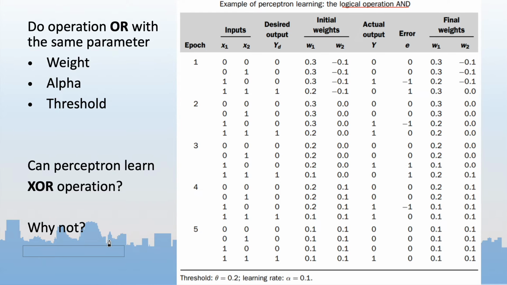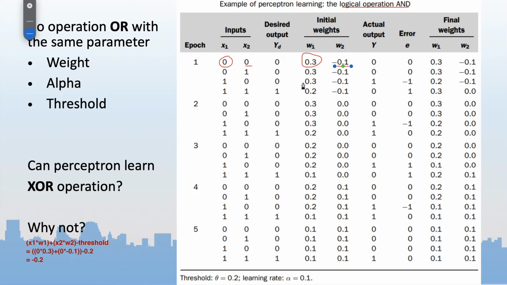Okay, based on the calculation, we will calculate the output, which is the first output, x1 times w1, and then plus x2 times w2.